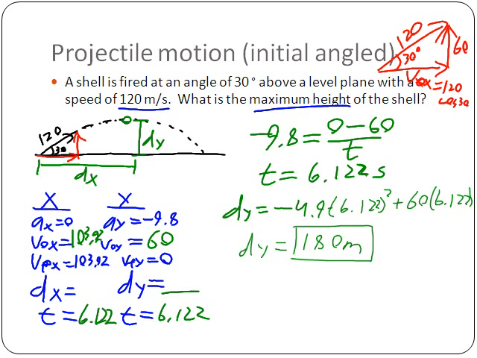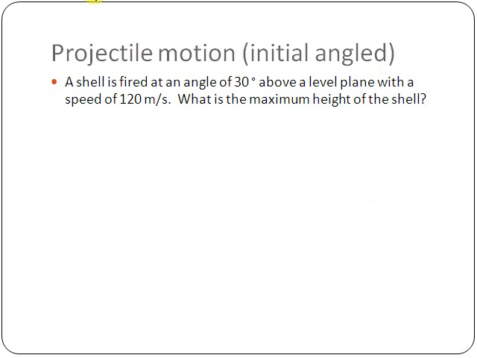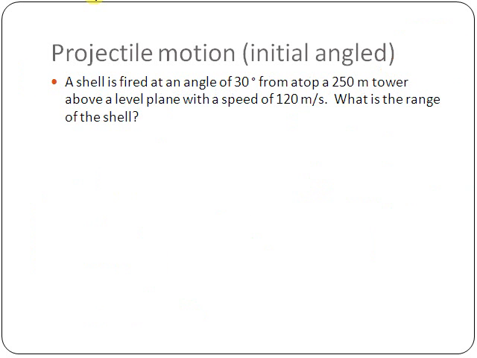And that's sort of where we start this off. So let's move on and add a little more complexity to the system. A shell is fired at an angle of 30 degrees, same as before, from atop a 250-meter tower above a level plane with a speed of 120 meters per second. That's the shell moving 120 meters per second, obviously not the plane. This is very similar to the previous problem. The only difference is our object is up in the air to start with.